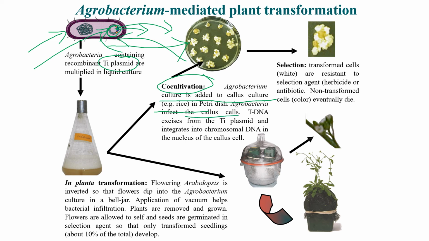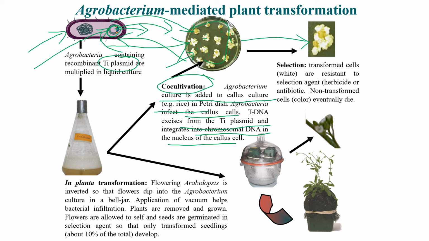Agrobacteria infect the callus cells, and the tDNA present within its Ti plasmid will be transferred into the cells of the rice plant naturally, integrate into the chromosomal DNA of the callus cells, and the callus cells become transformed. Now, out of these many callus colonies, very few will have complete transformation.